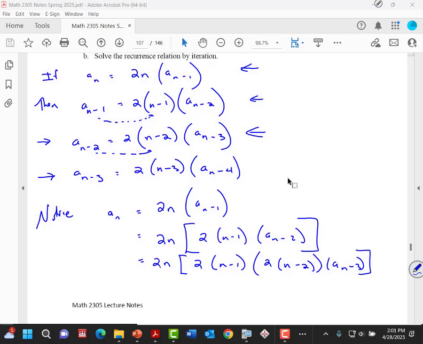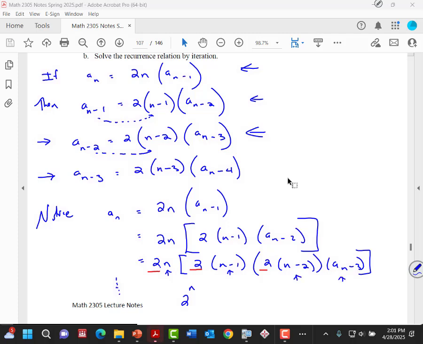Now, let's see if we can look at the pattern. If I continue this onwards, what do I have? Each time, and all these are multiplied together, I have a 2, a 2, a 2. So it appears that I have a 2 to the n power. And then what are we doing right here? This is n times n minus 1 times n minus 2.